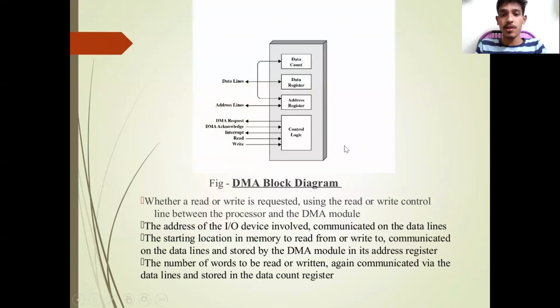This is the DMA block diagram: data count, data register, and address register. When a read or write is requested, using the read or write control line between the processor and the DMA module, the address of the IO device involved is communicated on the data lines. The starting location in memory to read from or write to is also communicated on the data lines.